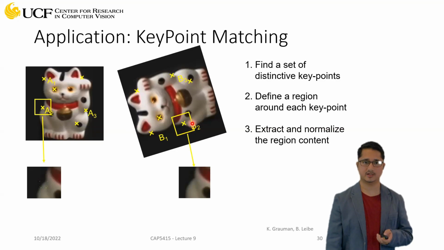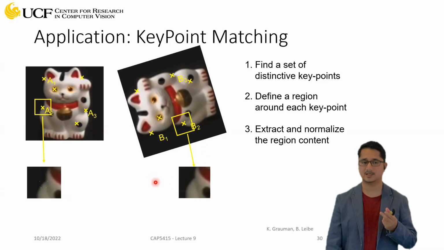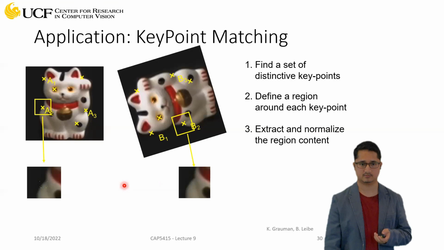The third thing you will need is some kind of rotation variable, which will tell you the orientation of this object, and you will use that orientation to fix the alignment of this patch. So you rotate that, and now you can see that these patches look exactly the same, which means these two different key points are actually the same part in your input image.